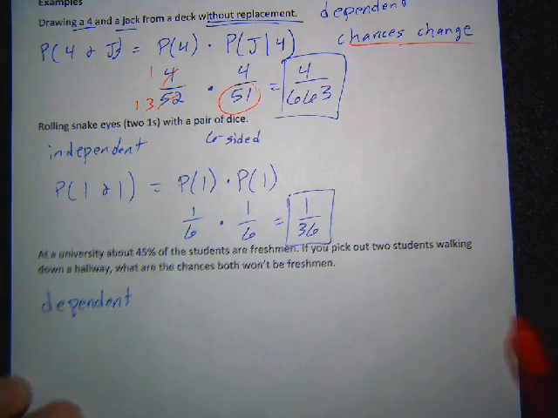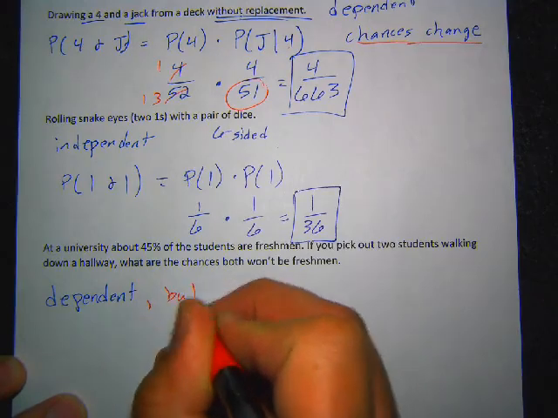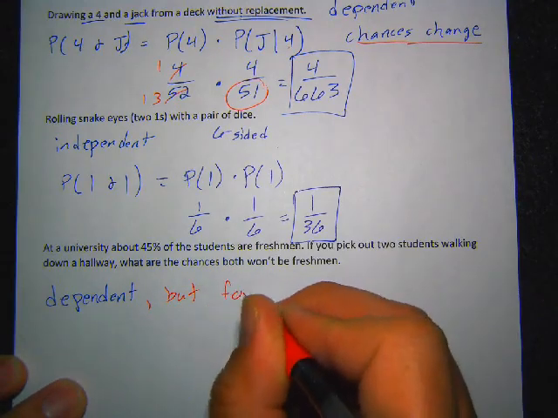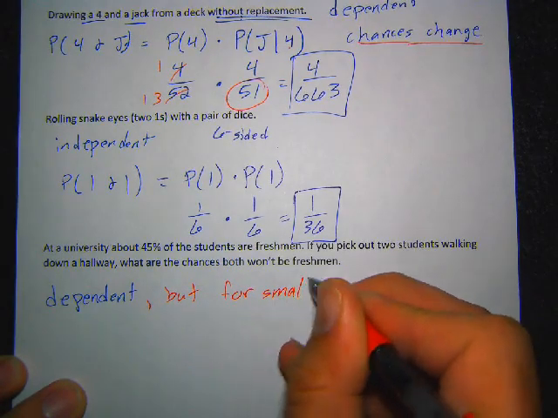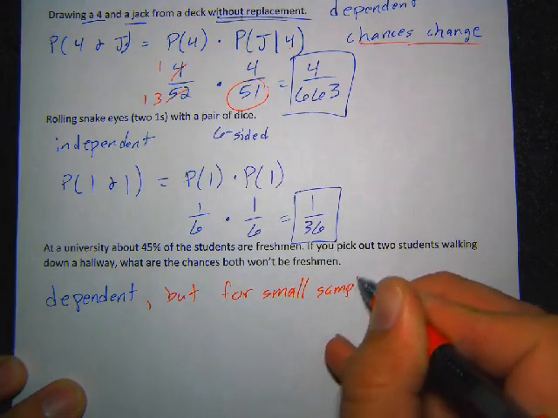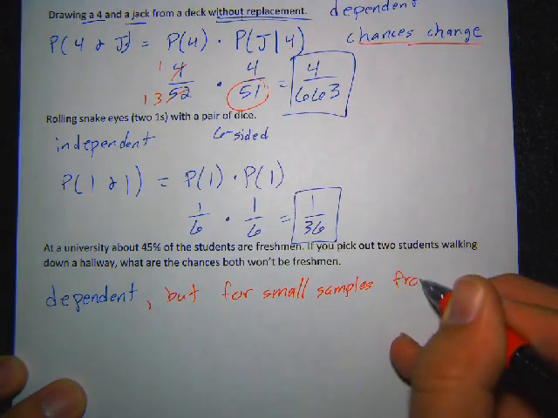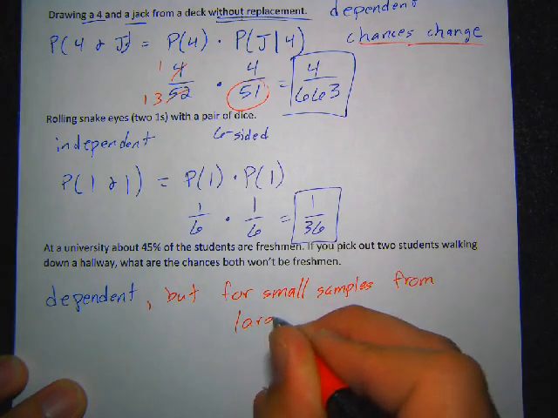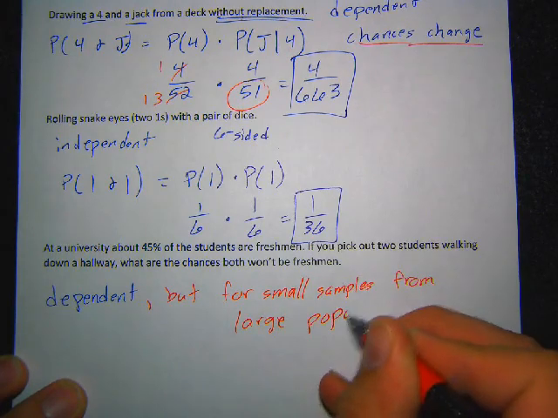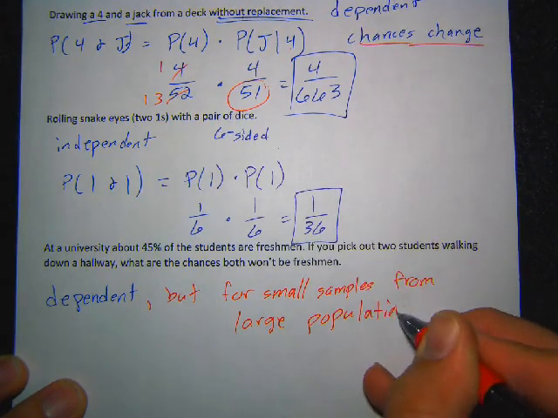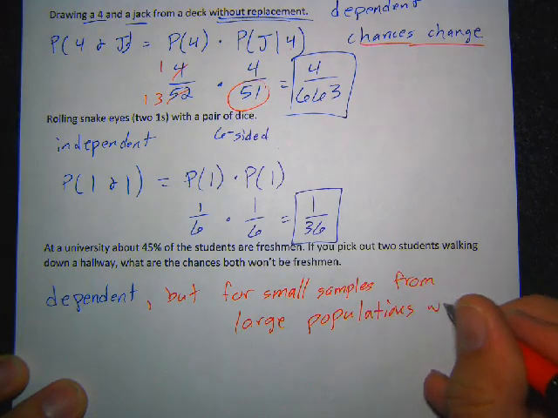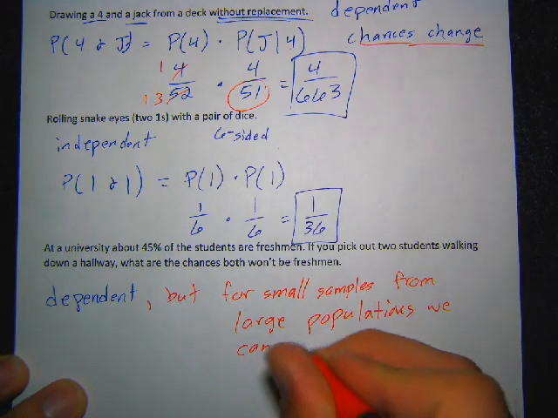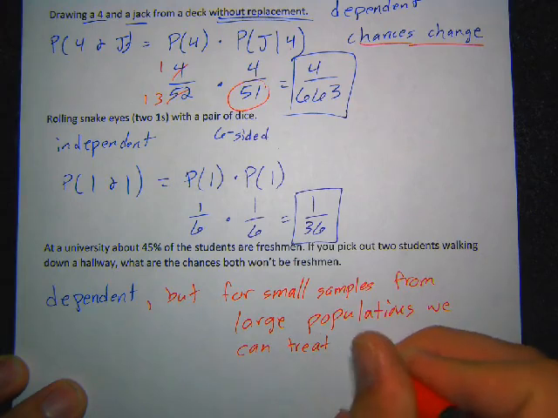but there's an exception. For small samples from large populations, we can treat this as independent.